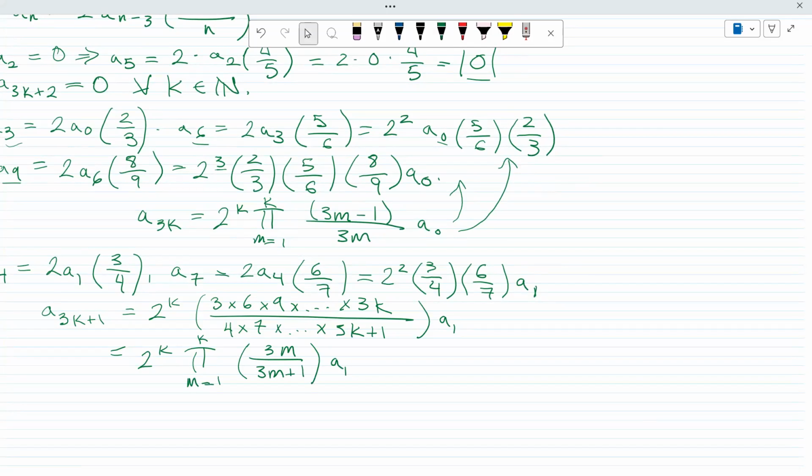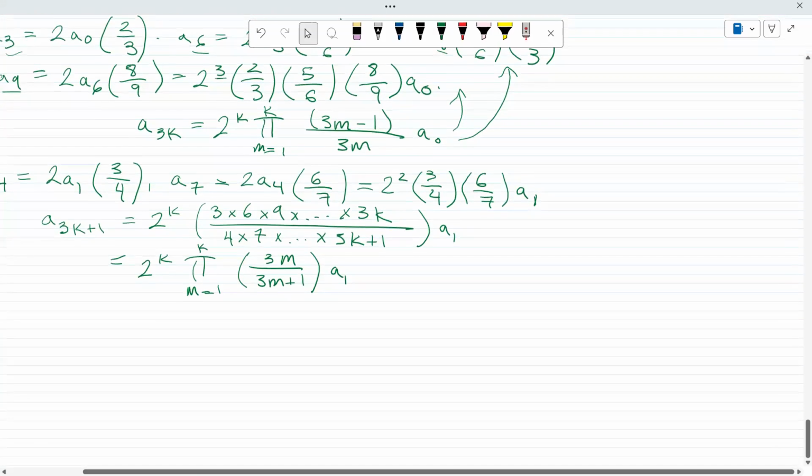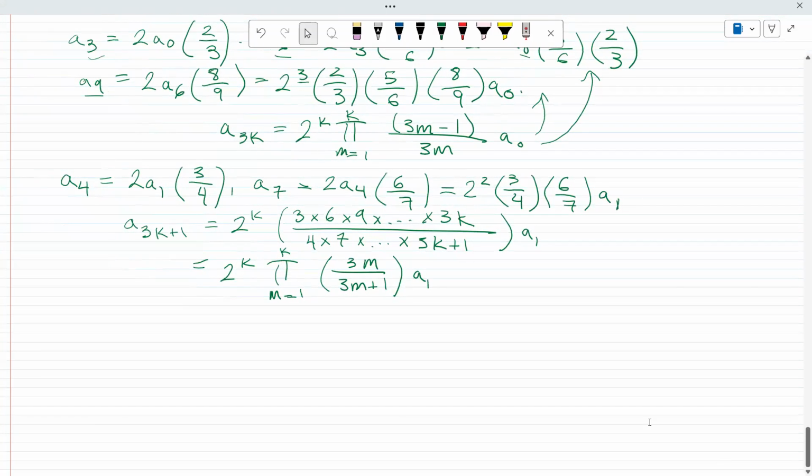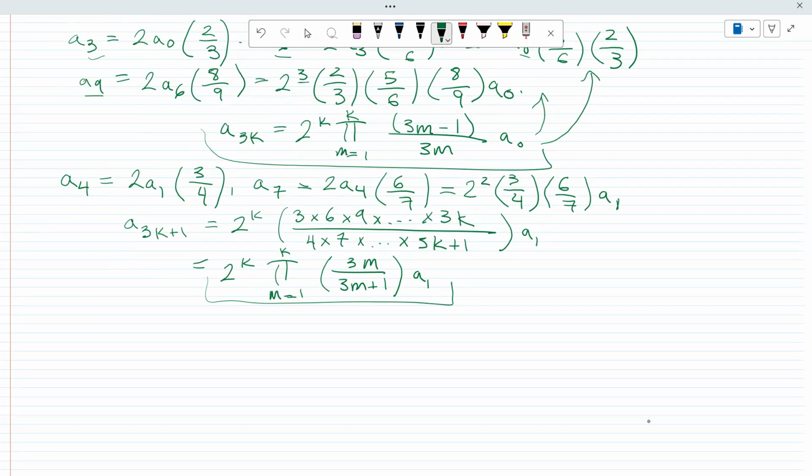Since this is the case, now we've come up with all of the recurrence relations for absolutely any possible member of the sequence.